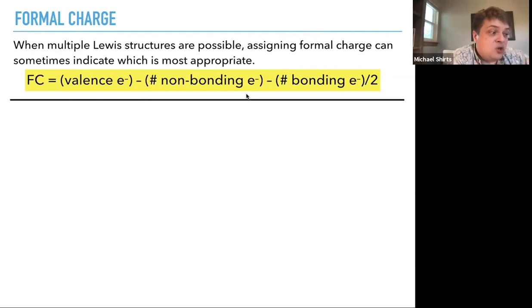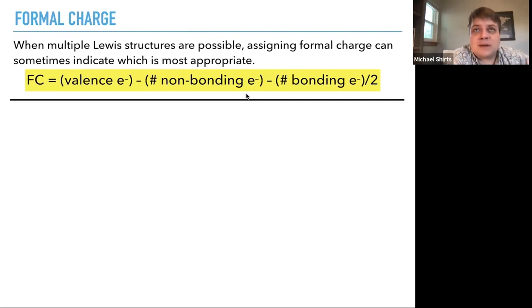To look for what arrangement of formal charges is best, you want to have as low numbers as possible. A +2 or a -2 is bad. You want to have, if at all possible, only plus ones and minus ones, and you want as few positives and negatives as possible.